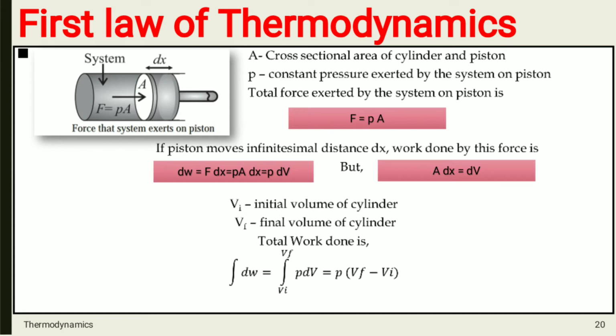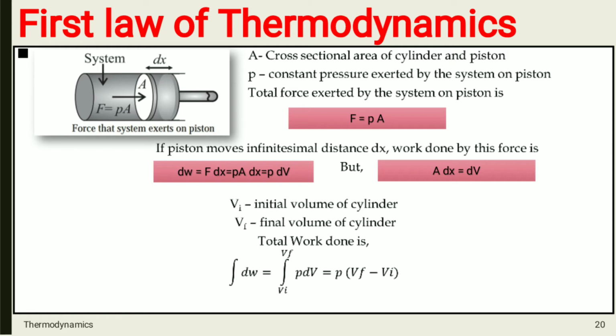Now Vi is the initial volume of the cylinder and Vf is the final volume of the cylinder. Then we can calculate total work done by using integration. So the integration of dW is W, which is equal to the integration with limits from Vi to Vf of P into dV.